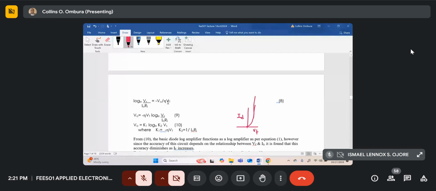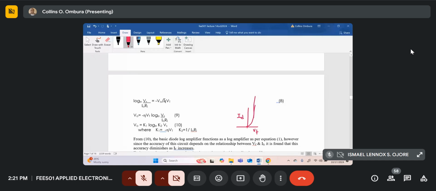So I can multiply the left-hand side and right-hand side of 8 by neta Vt and make V naught the subject. So I've just rearranged equation 8.